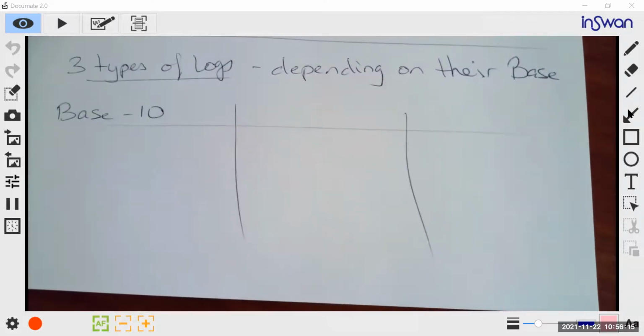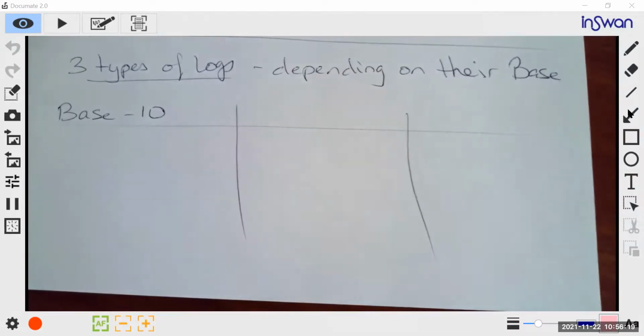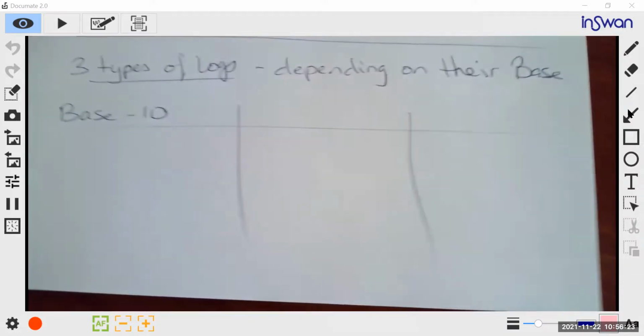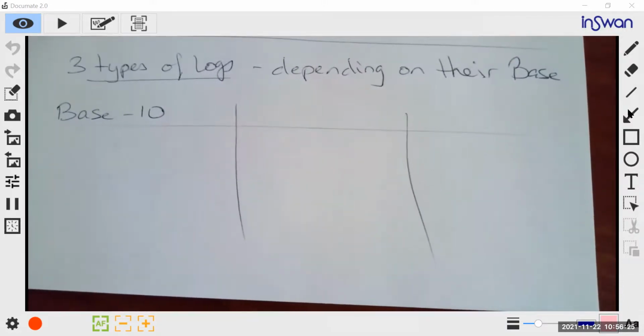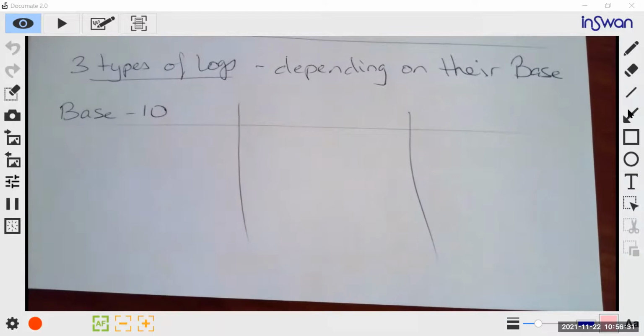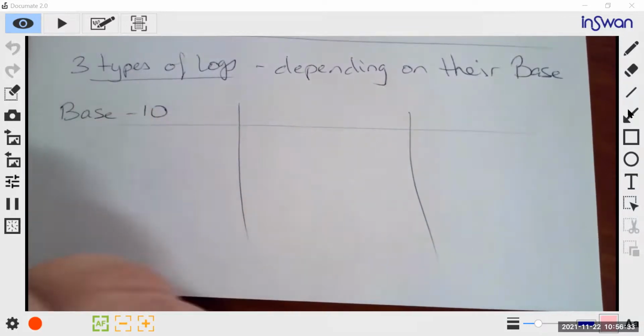Base 10. Our numeric system is base 10. If you count from 0 to 9, 10 fingers, 10 to 19. So we have a decimal system, 10. That's what decimal means.